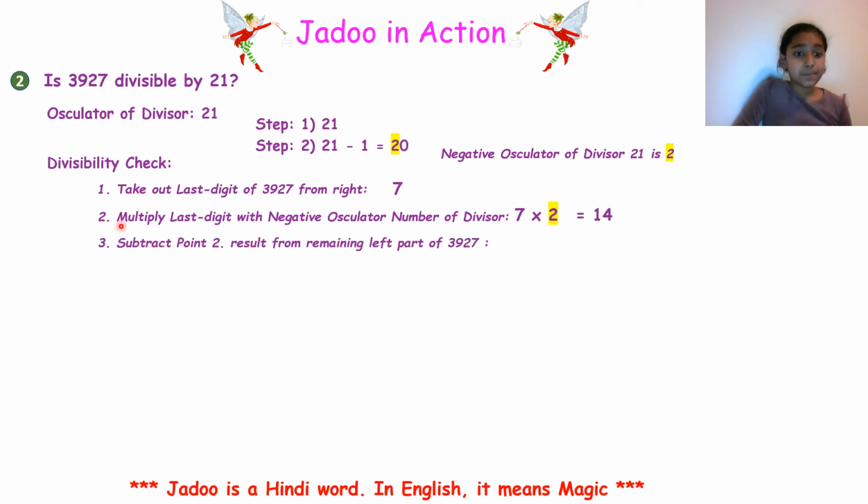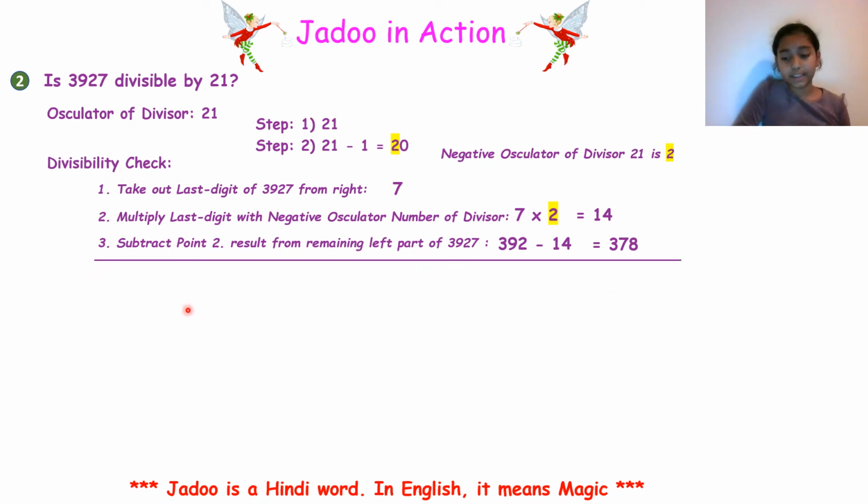Third, subtract this result from the remaining left part, which is 392 minus 14, which is 378. It's still a big number, so we'll continue these steps again.